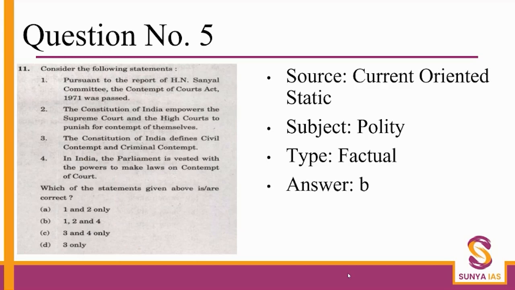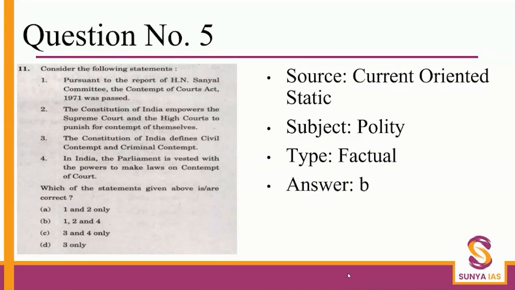So here, contempt of court was in news for quite some time, and that is why the source is current oriented static. So the topic was in news, but the static portion will give you the details and will help you in solving this question.